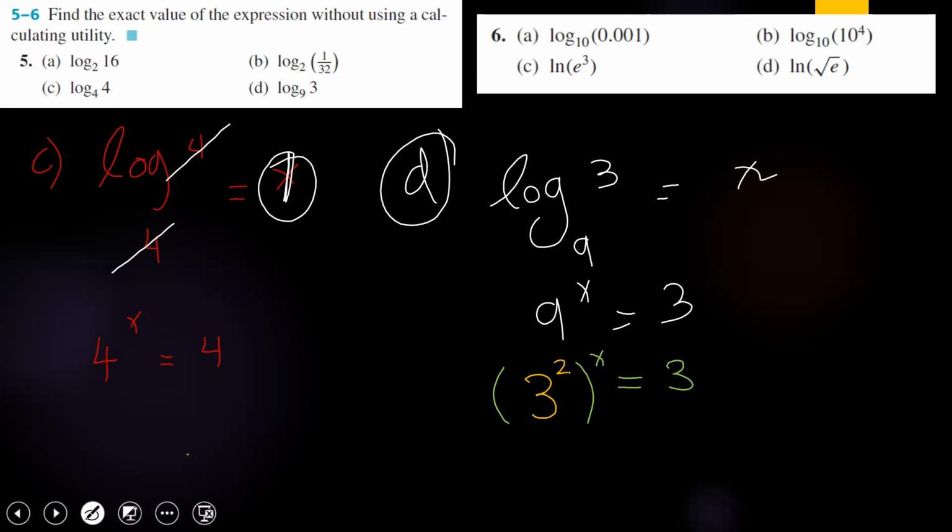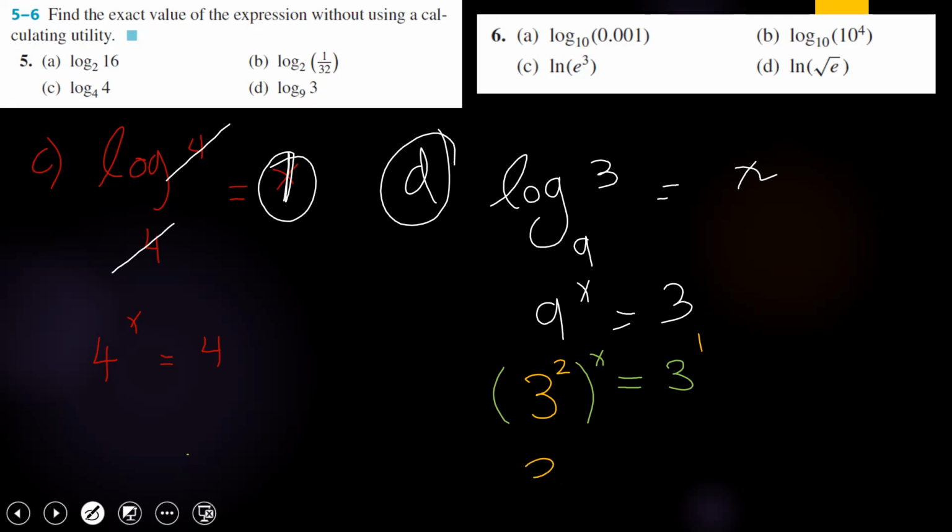This is the first step. So 3 to the power 2, all to the power x, equals 3 to the power 1. As we said before in algebra 1, if we have an exponent raised to an exponent, you multiply them.